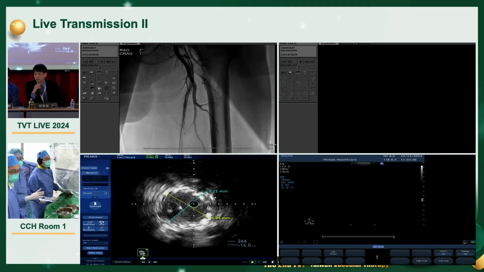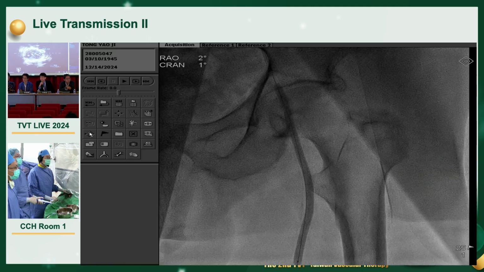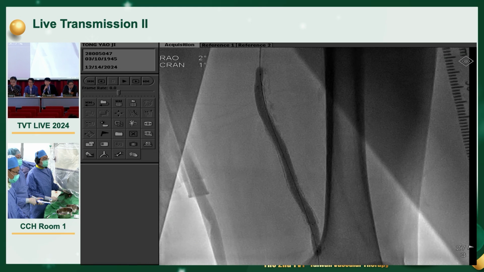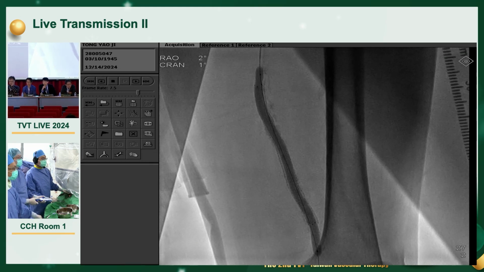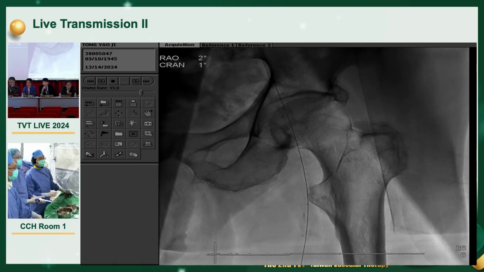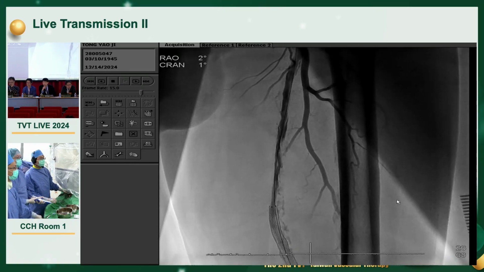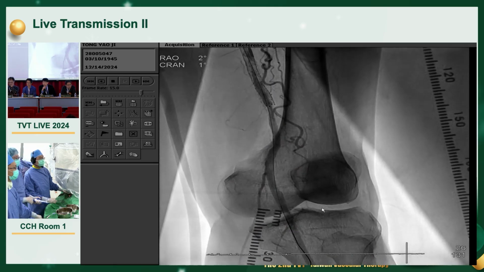Okay, room 1. Now we use the 5 balloon for POBA. After balloon dilatation, this is the next angio. Final angio. We can see the SFA residual severe stenosis.